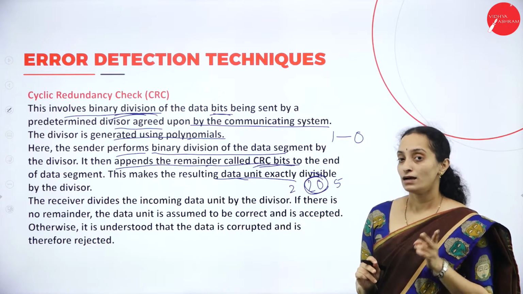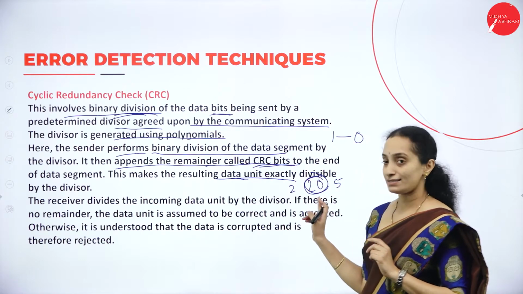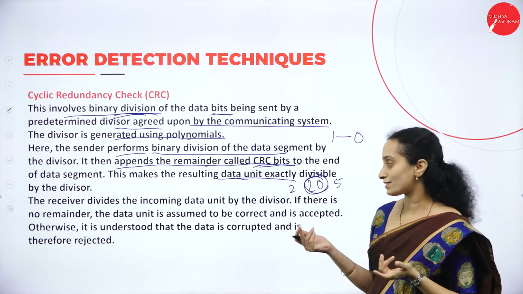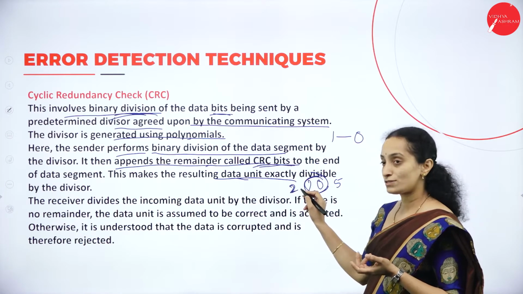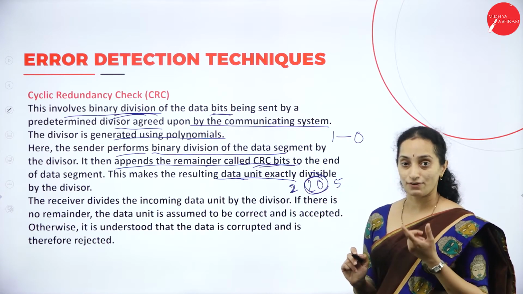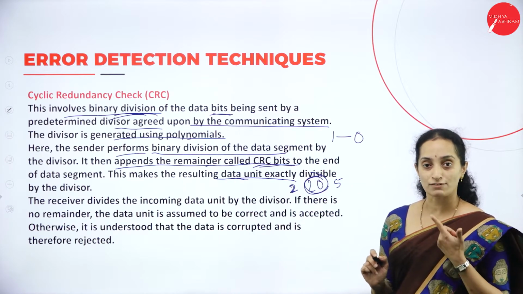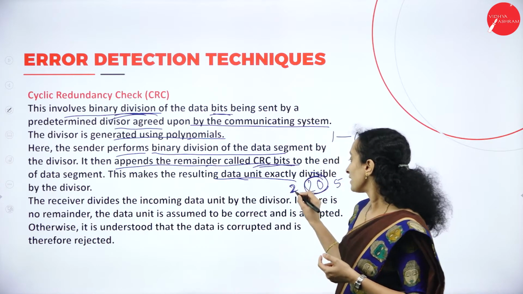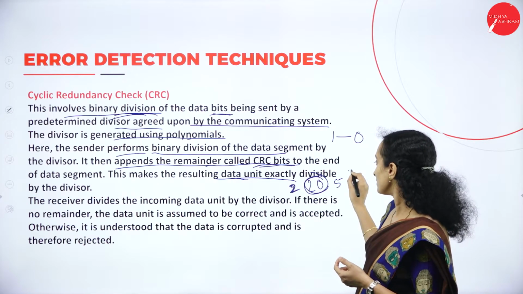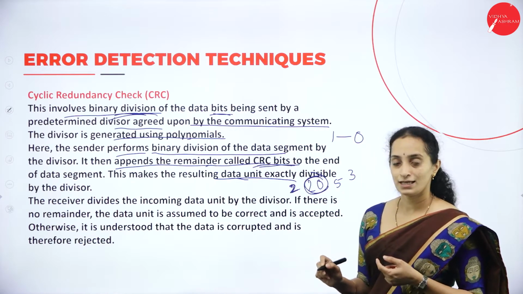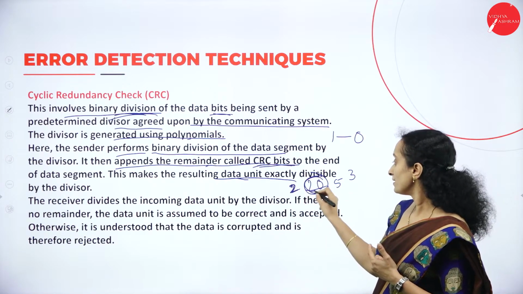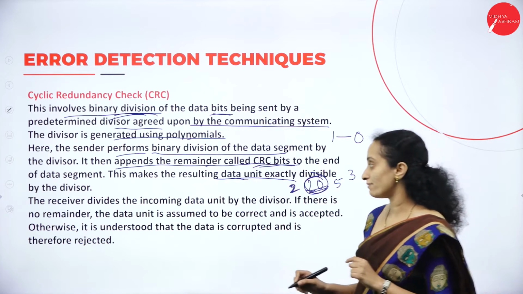There must be a commonly agreed divisor, otherwise the remainder may change. If the sender uses 2 and the receiver uses 5, or 3, the remainder and quotient will be different. So we have to agree on the same divisor.